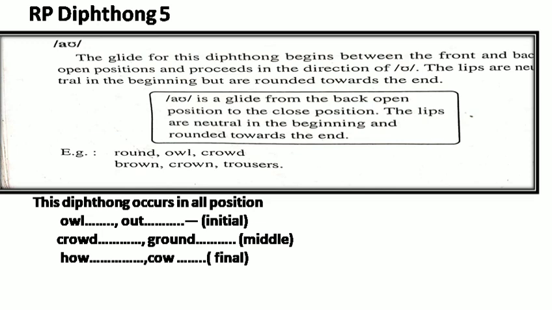Au is a glide from the back open position to the closed position. Examples: round, owl, crowd, brown, crown, trousers, etc. This diphthong occurs in all positions: owl, out, initial; crowd, ground, middle; how, cow, final position.